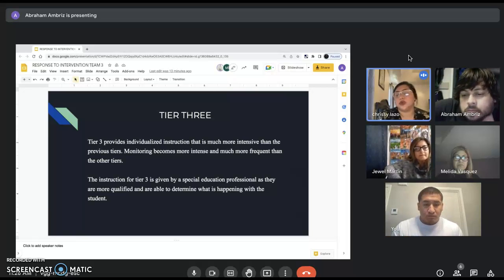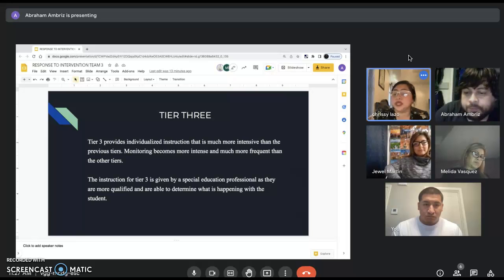That's why prior to tier 3 there is a team coming together to discuss the student's performance and give good reason behind it, because now they are going to a specialist who is going to evaluate them.